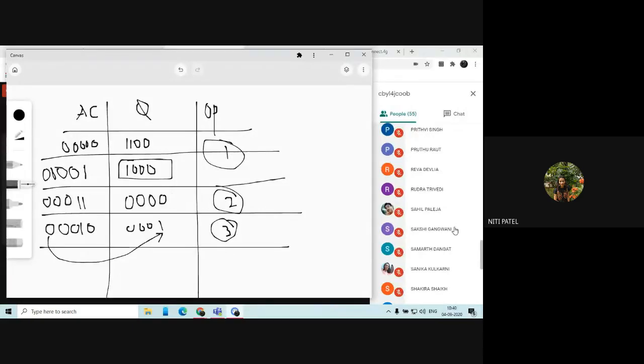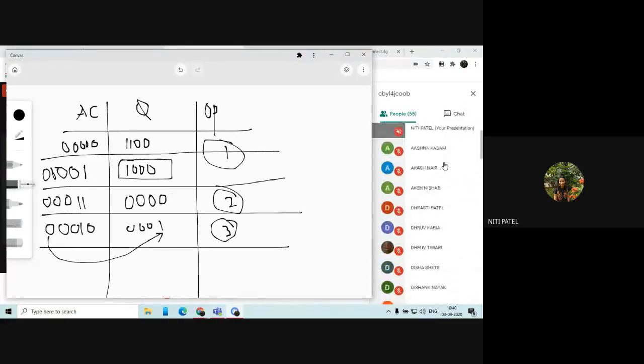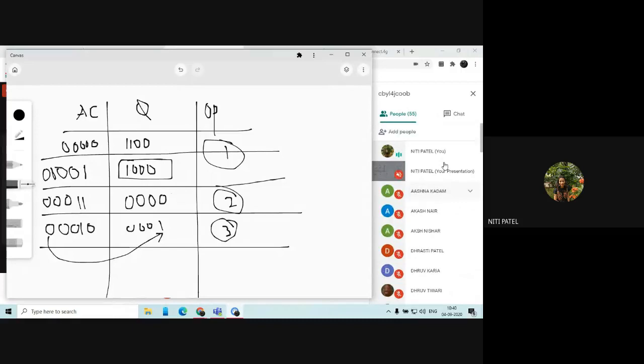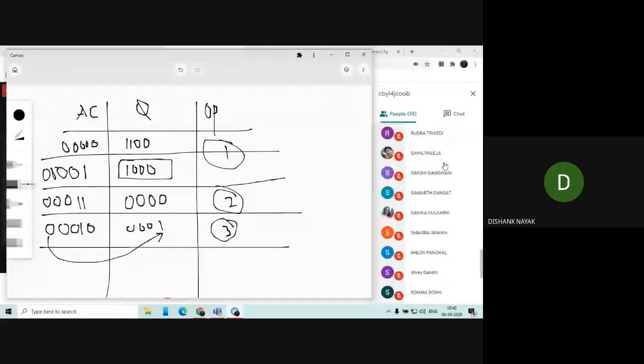Has everyone got cycle 1, 2, 3 correct? Dishank? Yes, ma'am. Okay. Rudra, you're supposed to give me answer 4. And if not, you will be marked absent, assuming that you have just kept the lecture on.